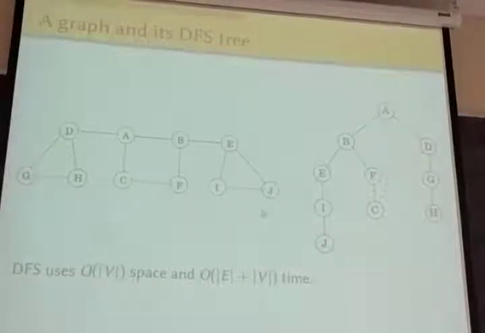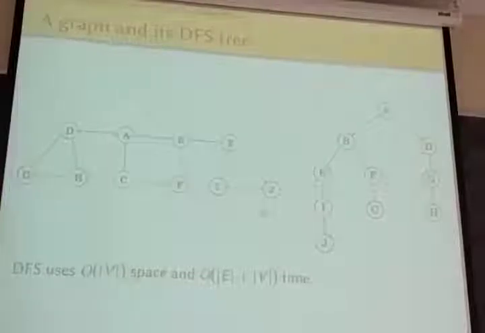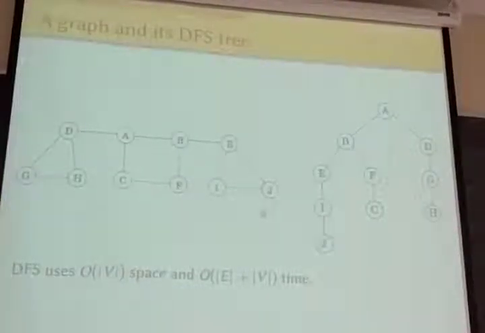But let's just look at what a depth first traversal would produce. When we use a depth first traversal on a graph, we construct what we call a DFS tree. Okay? So what is a DFS tree?